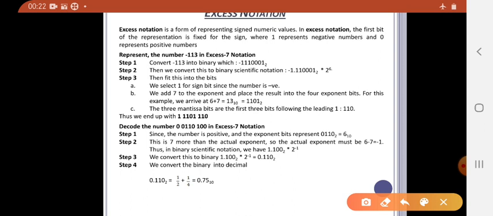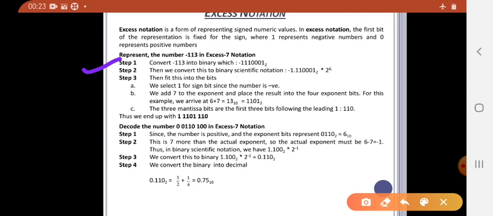The first step: convert -113 into binary, which is -1110001. How to convert any number into binary, I told you in the previous lecture, and I taught you how it is converted.